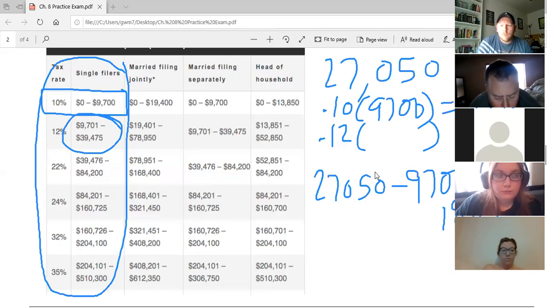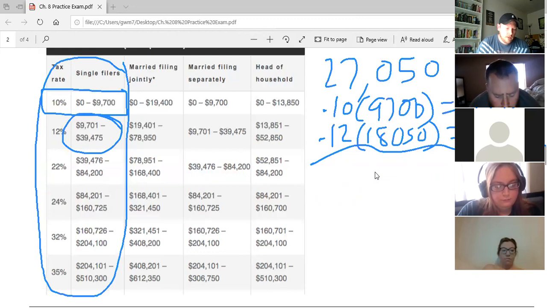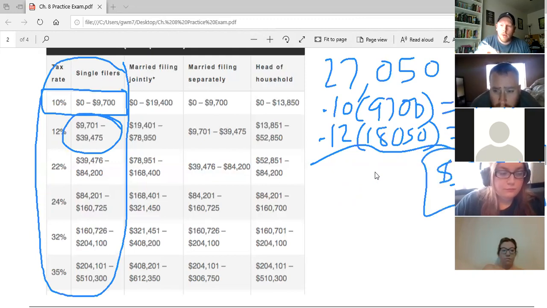And 12%, 0.12 times that 18,050 gets us 2,082. So let's go ahead and erase all of that. So he has to pay the 970 and the 2,082. If we add up that amount, then we get $3,052 is his total income tax.